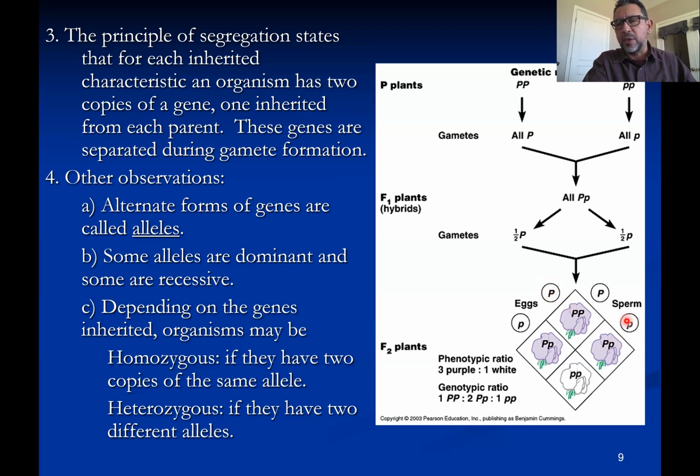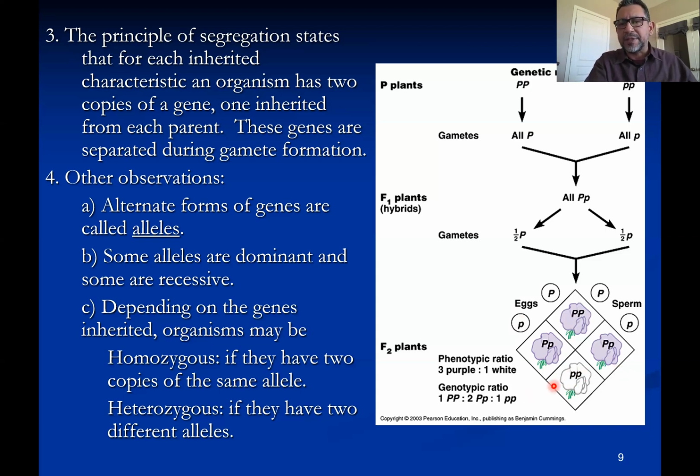Capital P and lowercase p right there, that also produces a purple flower plant because the capital P purple dominant allele is present. And the only way you can have a white flower is if a sperm containing the white allele, lowercase p, and an egg containing the white allele, lowercase p, here you see little p, come together in the making of a new individual.